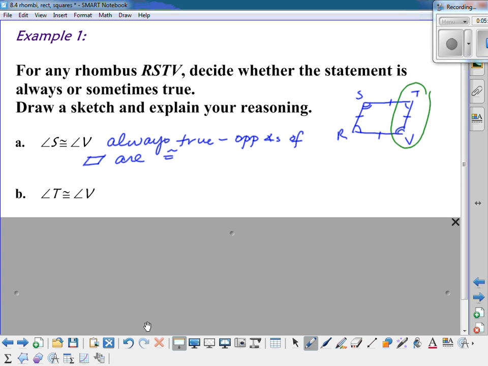But if the rhombus has right angles, they would be. So that's sometimes true. Because if it was a square, when it's a square, that would be true. But if it's just a rhombus that's not a square, it would not be true.